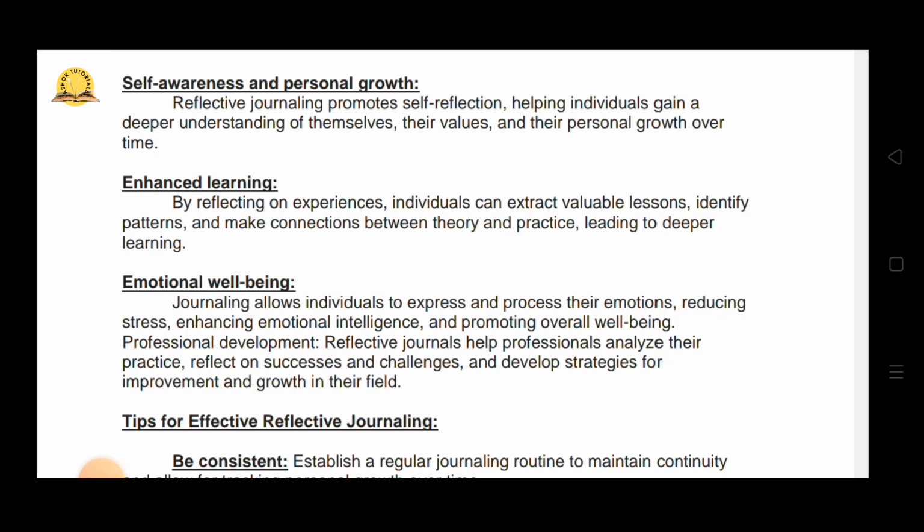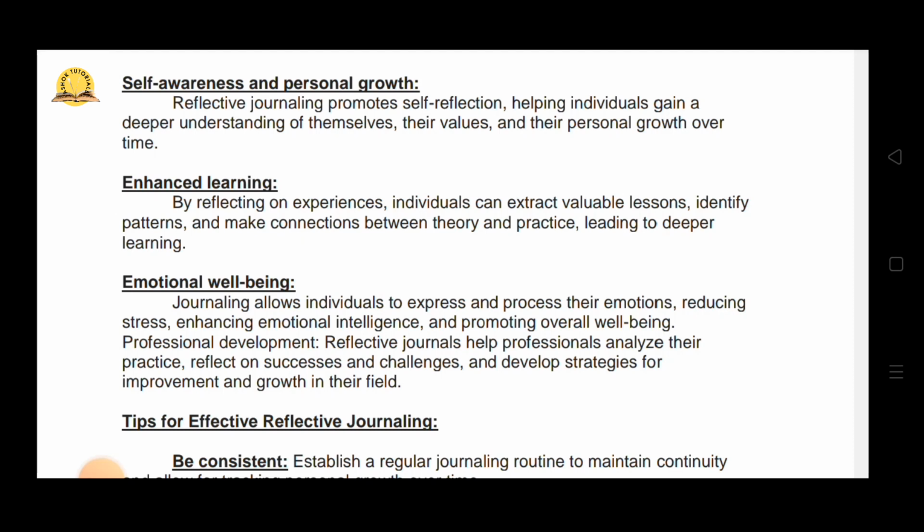So reflective journals also help us have a deeper understanding of ourselves. Then what feedback are we getting? We can work on it, and we can make connections between theory and practicals, right? Practicals or hands-on training are very important. It does not mean that in school, only theory classes matter.